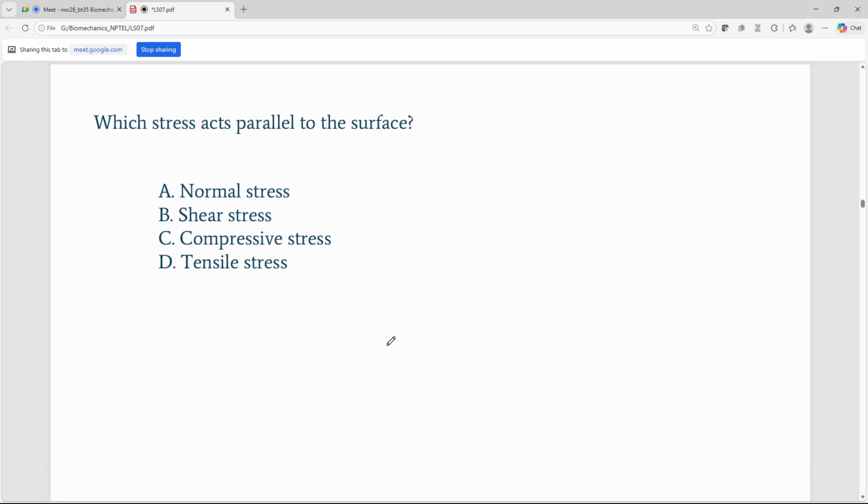These are simple questions only. Which stress acts parallel to the surface? Options are normal stress, shear stress, compressive stress, tensile stress.